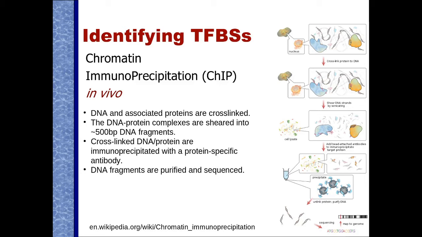So we add some sort of cross-linking agent into the cell. The DNA protein complexes are then sheared into fragments of around 500 base pairs. And the cross-linked DNA protein complexes are immunoprecipitated with a protein-specific antibody. Finally, the DNA fragments can be purified and sequenced.